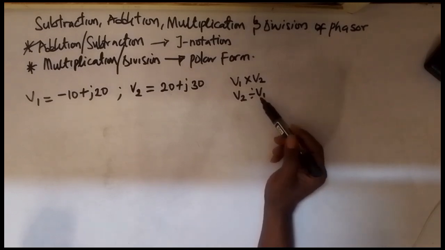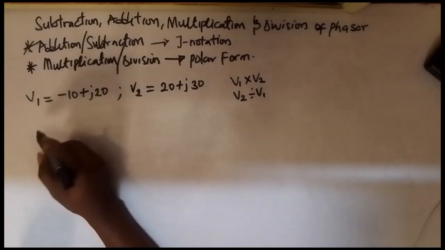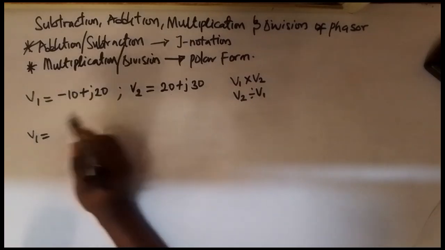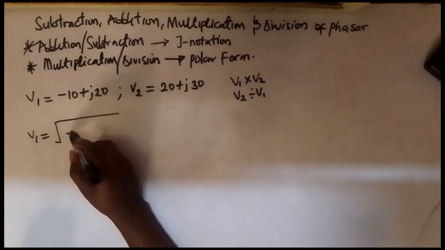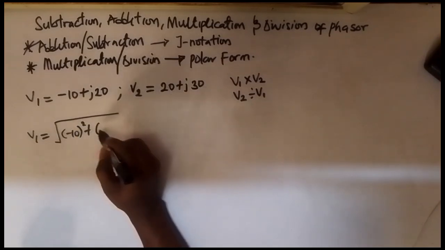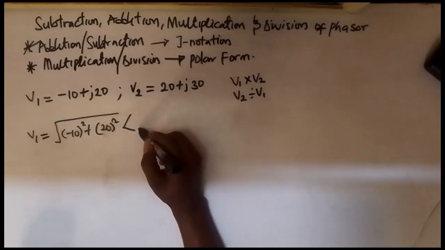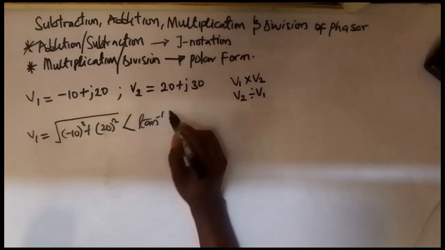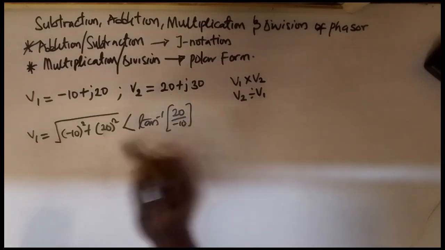So let's convert this to polar form. V1 becomes the square root of minus 10 squared plus 20 squared, at an angle of tan inverse of 20 over minus 10.